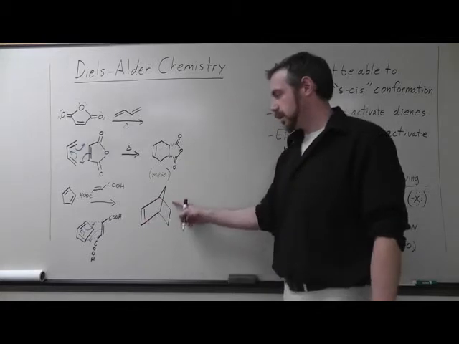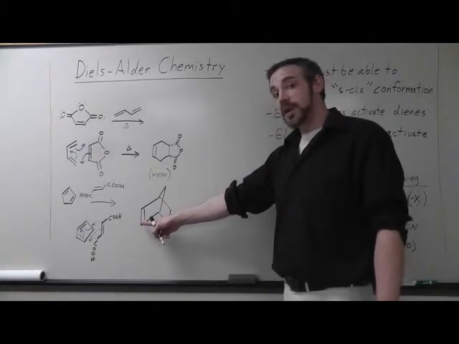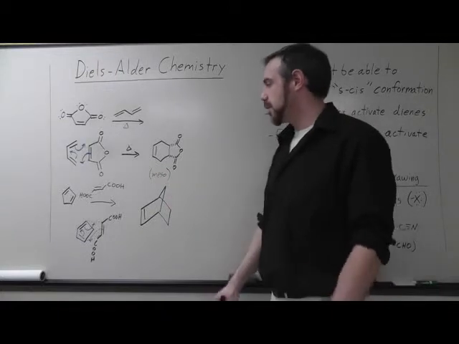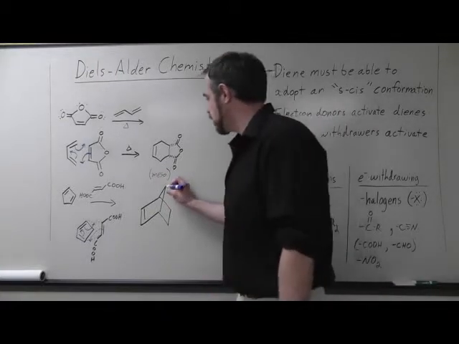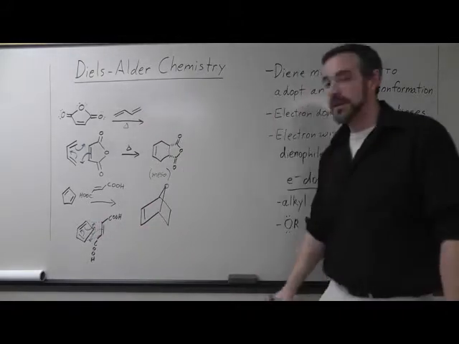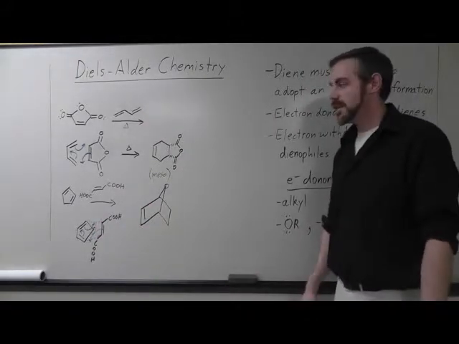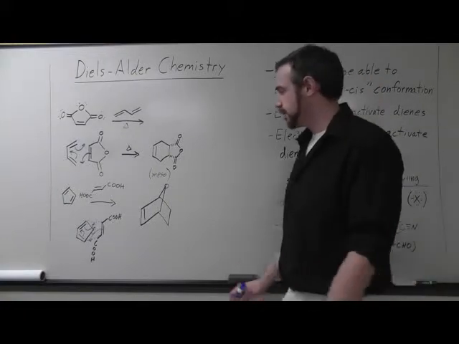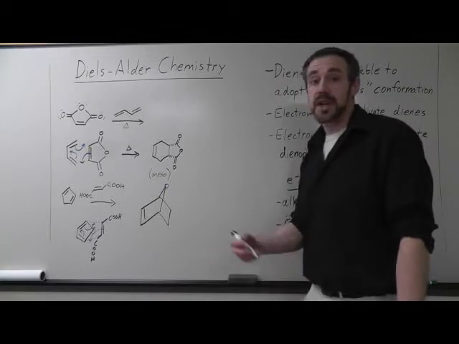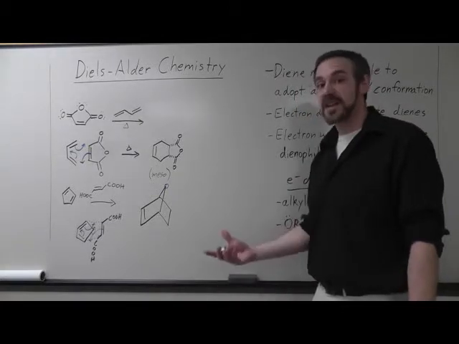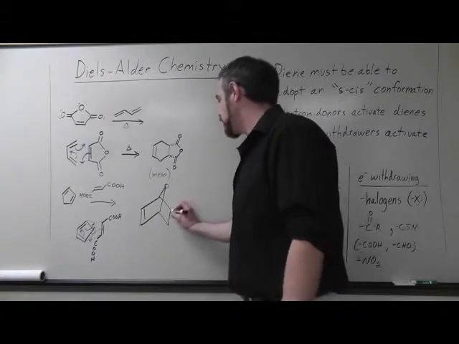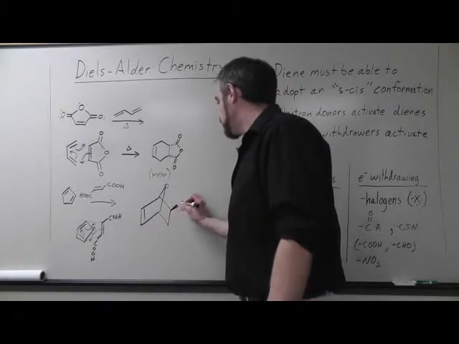It's still a 6-carbon ring with a double bond in it, so a cyclohexene, but now it's bridged by a single carbon, and that bridgehead carbon is the 5th carbon of the diene that was sp3 hybridized. To handle these substituents, and these are electron withdrawing substituents, so they've activated the dienophile. Since they're trans in the dienophile, they'll be trans in the product.